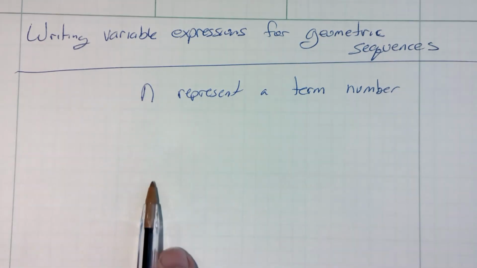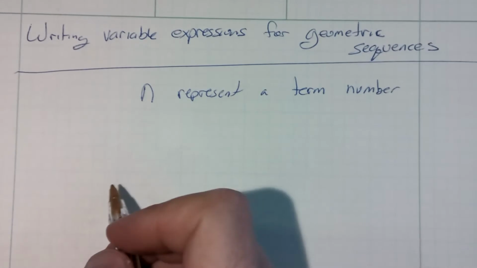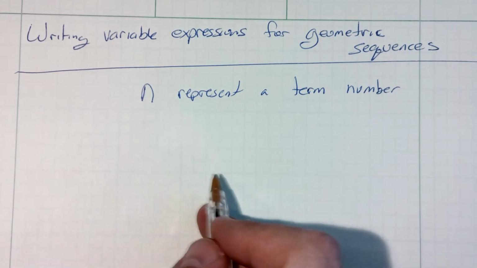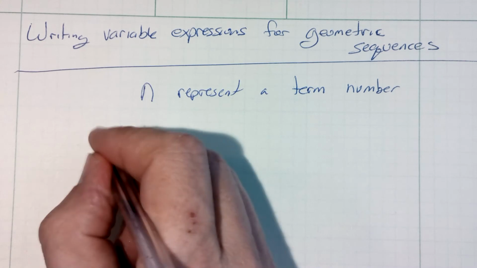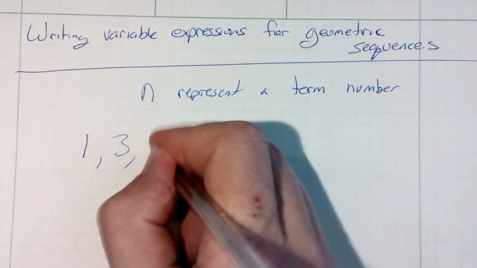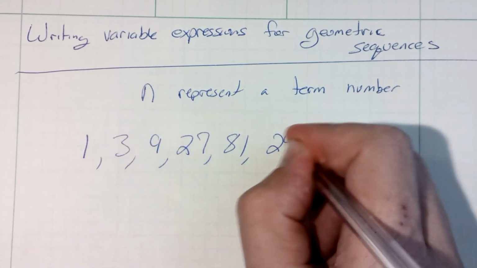Now, the way we write these expressions: a geometric sequence is multiplying from one term to the next. So let's do a very, very simple one. Something like 1, 3, 9, 27, 81, 243.